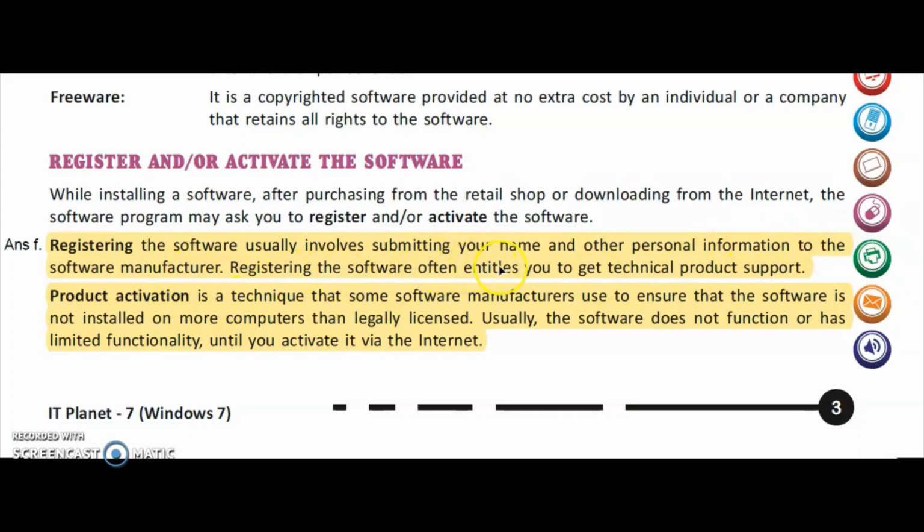Registering the software often entitles you to get technical product support. And product activation is a technique that some software manufacturers use to ensure that the software is not installed on more computers than legally licensed. Usually the software does not function or has limited functionality until you activate it via the internet.